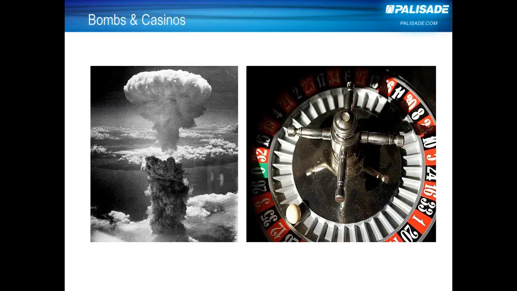So the idea of Monte Carlo simulation came out of the end of World War II, the Manhattan Project to develop the atomic bomb. The nuclear physicists who were working on this project in Los Alamos were trying to ascertain how useful the radiation shielding would be against neutrinos, and they realized that they couldn't really derive it by conventional means because there were so many different variables at play.